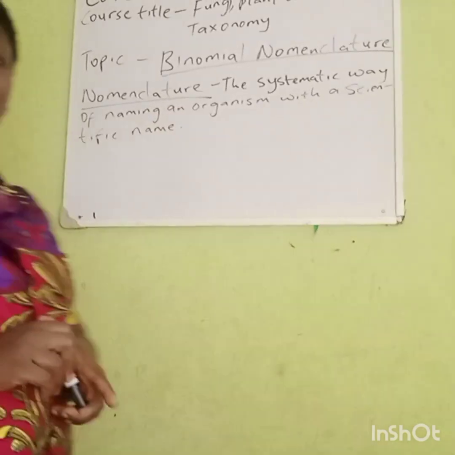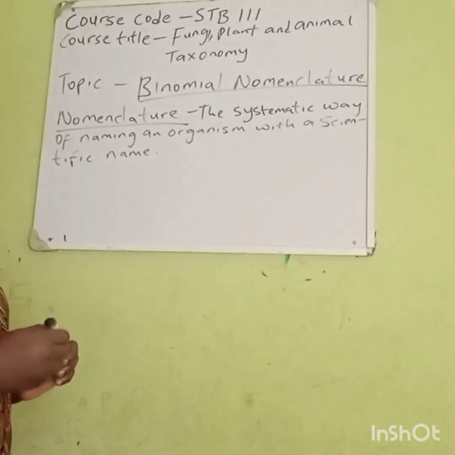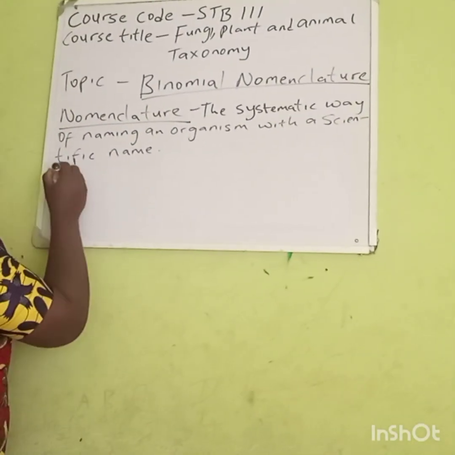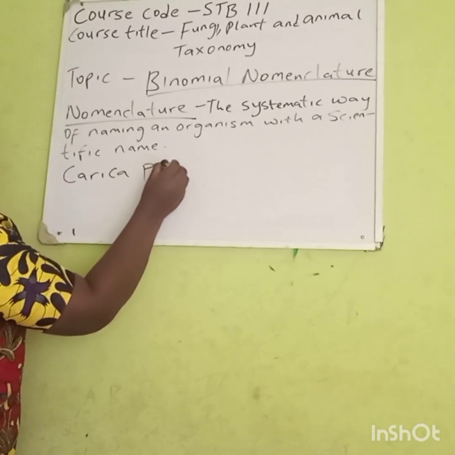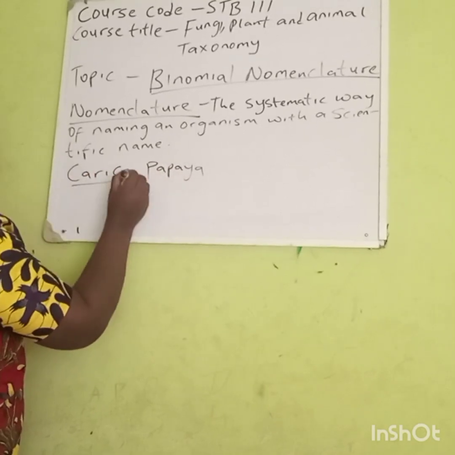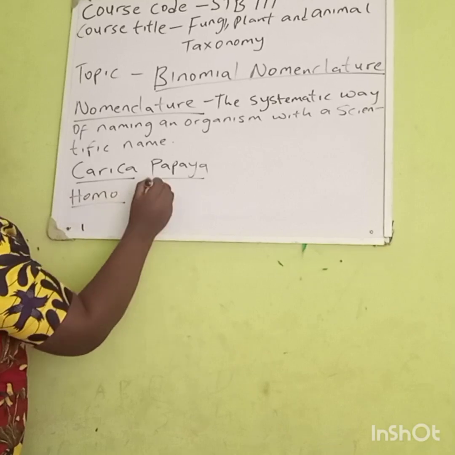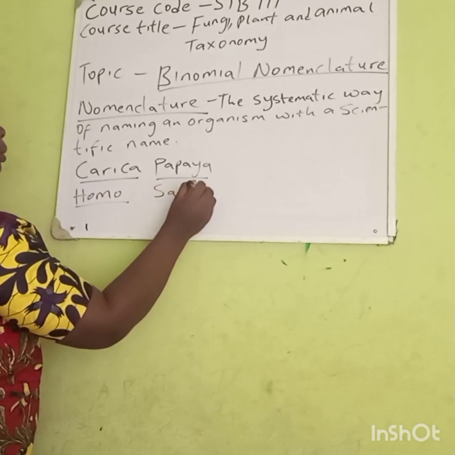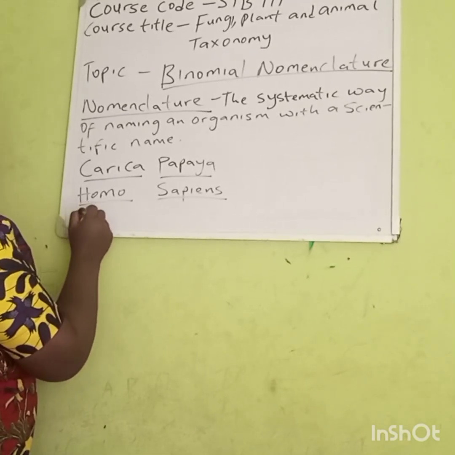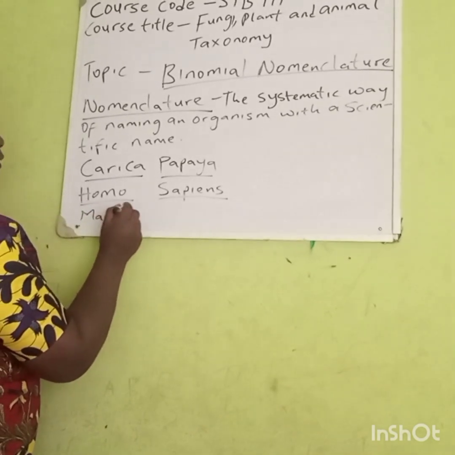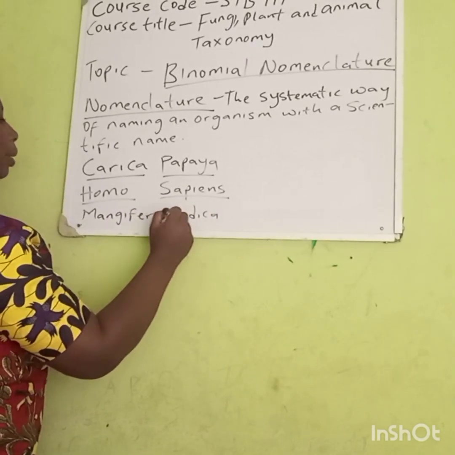Alright, you may ask what is a scientific name. I know you will be seeing some names like this: Carica papaya, Homo sapiens, Mangifera indica.